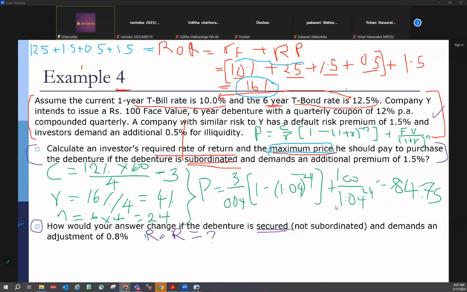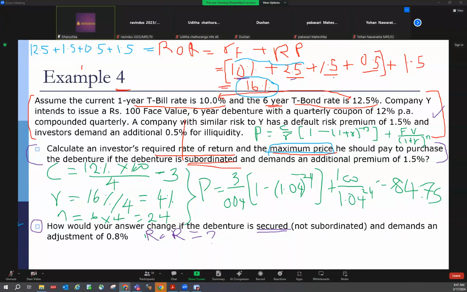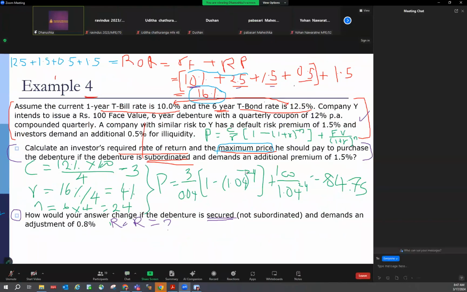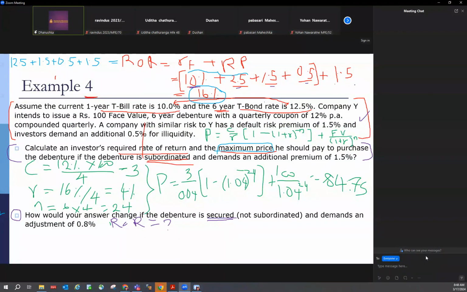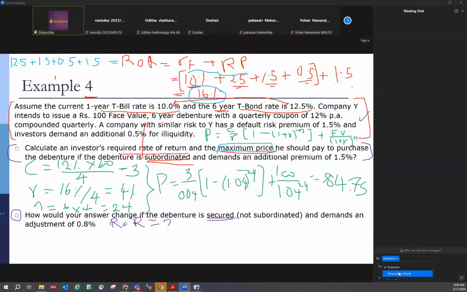Just like what we did earlier, in your required rate of return, you had this 10%, which is the short-term bond rate. Then you had the additional premium for default risk, the additional premium for credit risk, and the additional premium for illiquidity. This is no longer required because it is not a subordinated debenture. It is a secured debenture, not a subordinated debenture. So this 1.5 is no longer required.